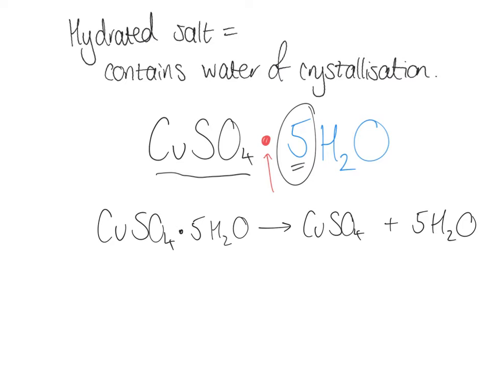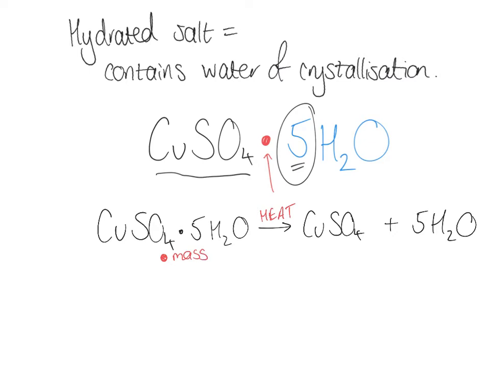I wonder if you remember back to your formula and equations and calculations topic at the start of Unit 1. You learnt that you can determine the degree of hydration by heating a hydrated salt to constant mass. In other words, heating it so that the water molecules evaporate. If you do that, you would have measured your initial mass of your hydrated salt.